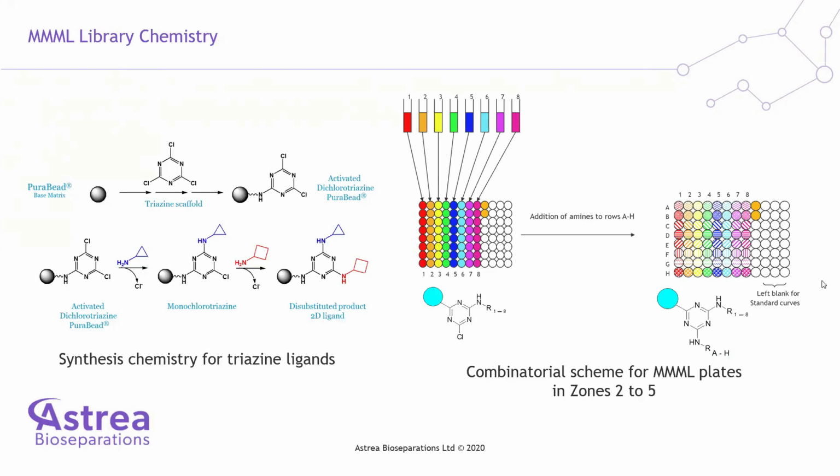So on the right-hand side, you can see that by keeping the same amine, the same character constant, either on the columns or the rows, we just produce a combinatorial library that has different characters. Each well has a different combination of materials that offer a different ligand. So next one.